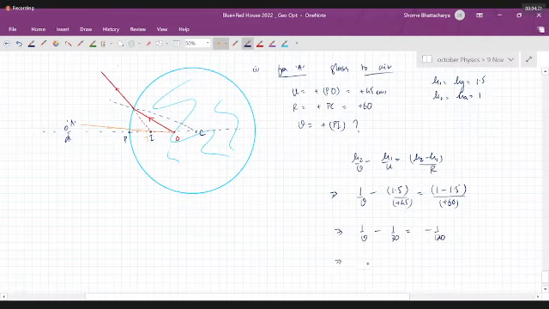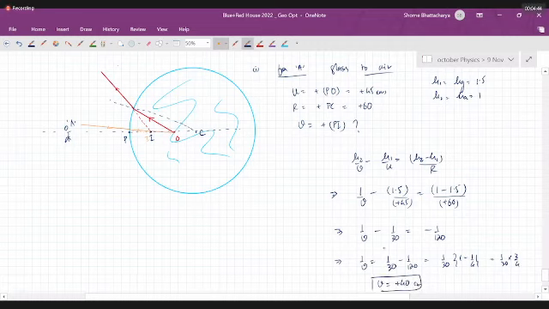So 1 by V is 1 by 30 minus 1 by 120. So 1 minus 4. So V will come plus 40.